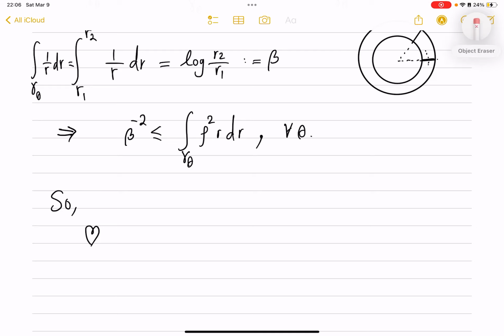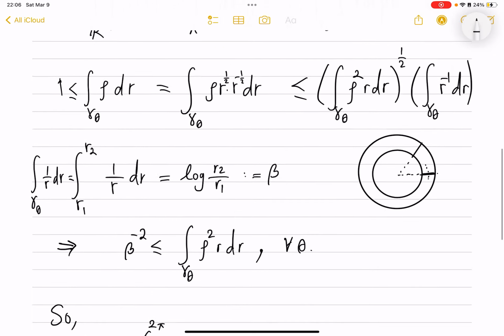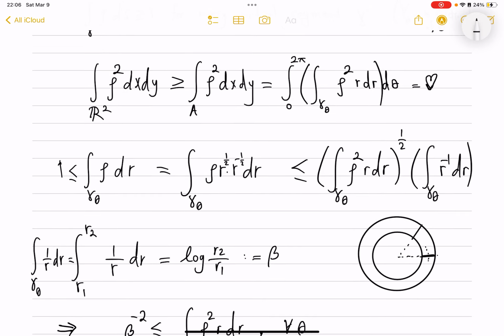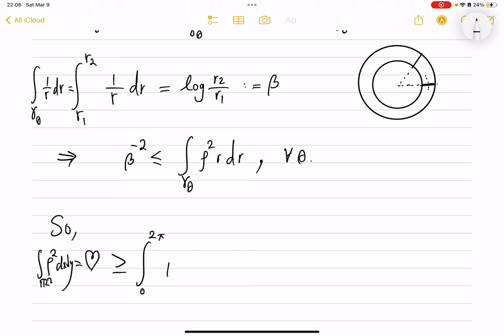which is, let's see why this is even important, because this is the integral of rho squared over r2 of dx dy. This will be bigger than or equal to the integral from 0 to pi of this quantity, which we have estimated from below by beta to the power -2, d theta.